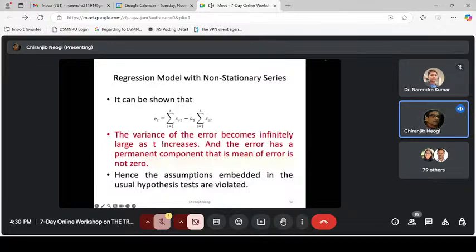In our standard regression analysis, we always say that the epsilon t, that white noise, has mean zero. Hence, the assumptions embedded in the usual hypothesis test are violated. We cannot use the classical regression analysis with the non-stationary data, non-stationary series.